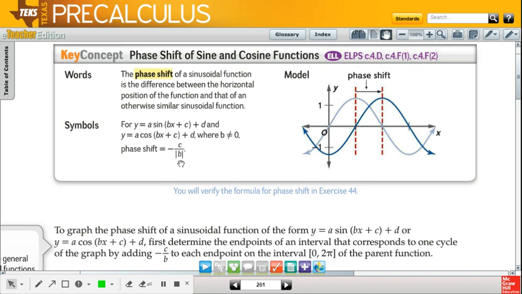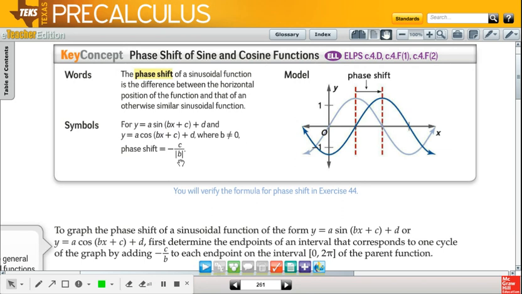So I repeat, in order to find your phase shift, the formula is negative c over the absolute value of b. Keep in mind we use absolute value because b can be either a positive value or a negative value. And b can be a whole number, a decimal, or a fraction.